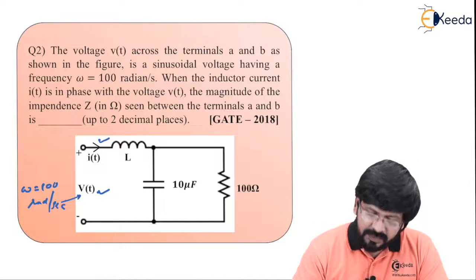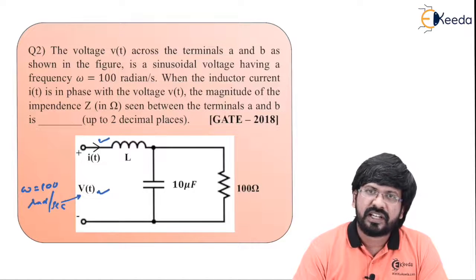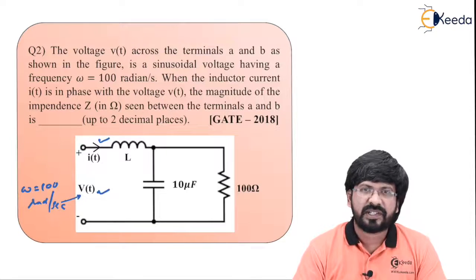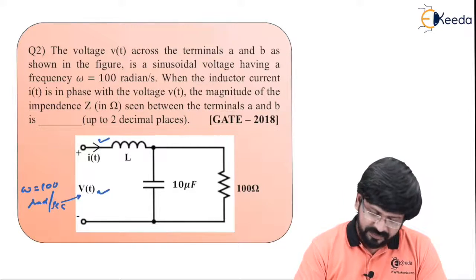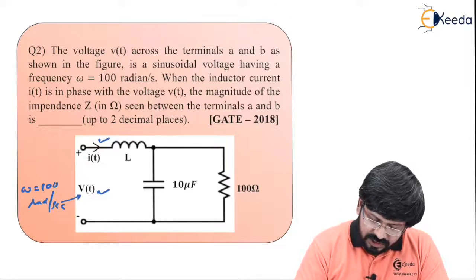In that case, I'm sure you must have understood that when voltage and current comes in the same phase in case of AC circuits, that too in case of RLC circuit, obviously, that concept is called as resonance. It means this is the problem which is related with resonance. So let's see.